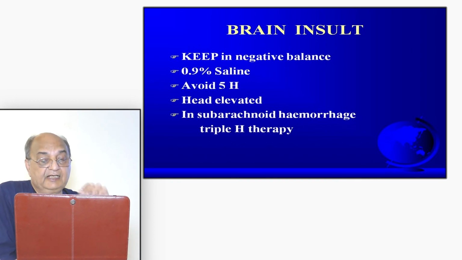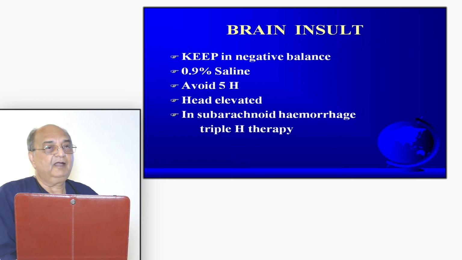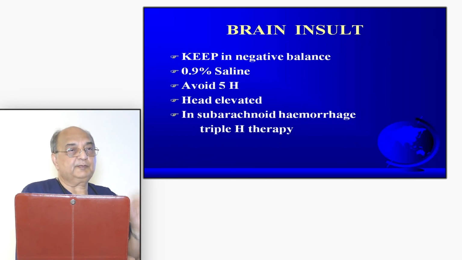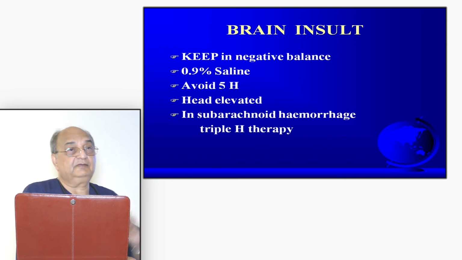But in case of subarachnoid hemorrhage, if the patient has bled, then there is a vasoconstriction immediately after that. That's why if there is subarachnoid hemorrhage, try to find out if there is some aneurysm which has ruptured. And immediately after the rupture of the aneurysm, we go into constriction. To avoid this constriction, because if it remains for a longer period it will cause brain ischemia, you will have to do triple H therapy.